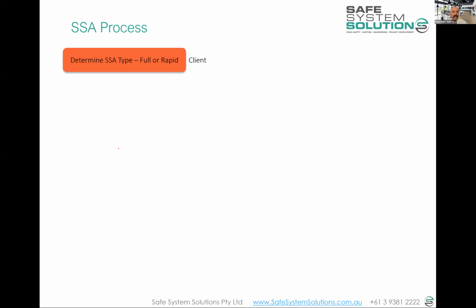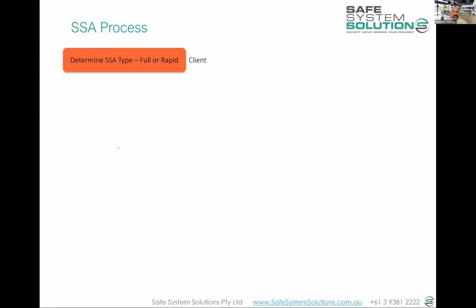Let's get back into it. So this process I'm going to just lay out is sort of how a safe system assessment works. Once there's a new road upgrade plan for a 5-kilometre section of outer suburban arterial, how do we go through a process then?